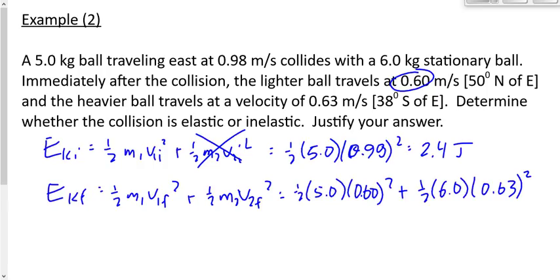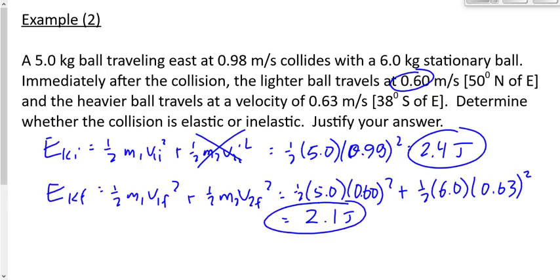I don't care about it. I'm talking about kinetic energy. Kinetic energy is a scalar. That doesn't mean that all the stuff we've done up till now, the angle doesn't matter anymore. It does. For momentum, the angle always matters. X and Y always matter. But for kinetic energy, they don't, because kinetic energy is a scalar. Calculate this, guys, to 2 digits. It works out to be 2.1 joules. Hey, it's close.